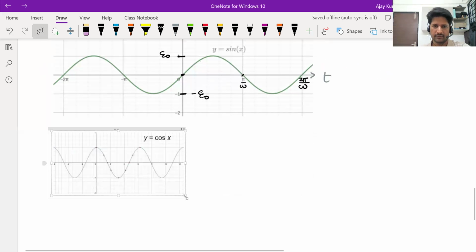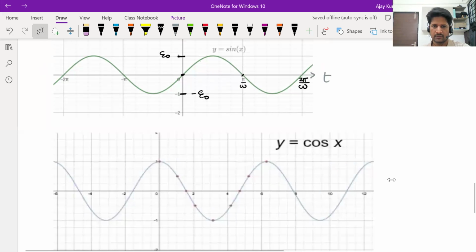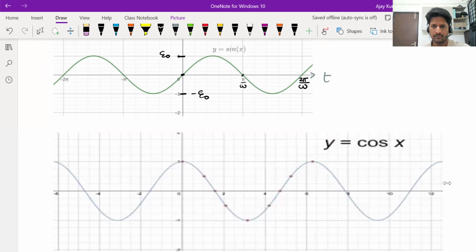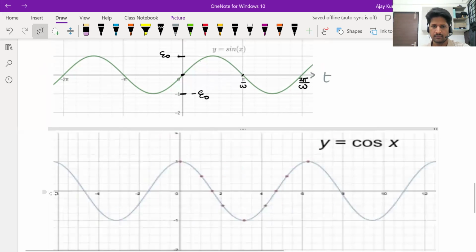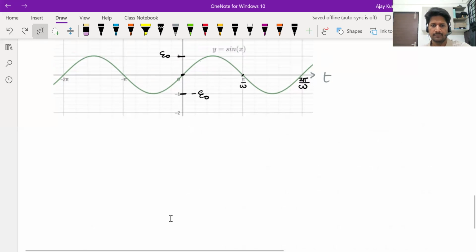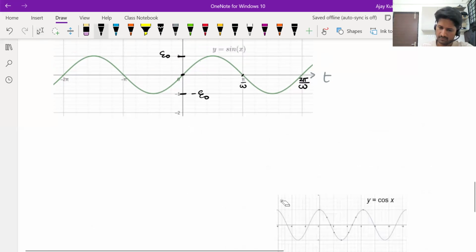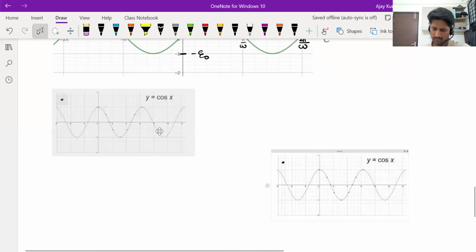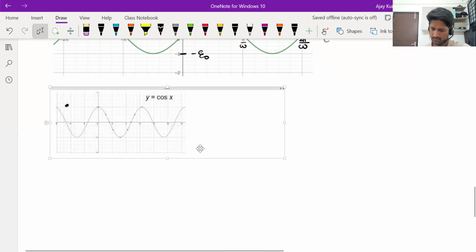Okay, let us adjust the graphs. One second. Just a moment.